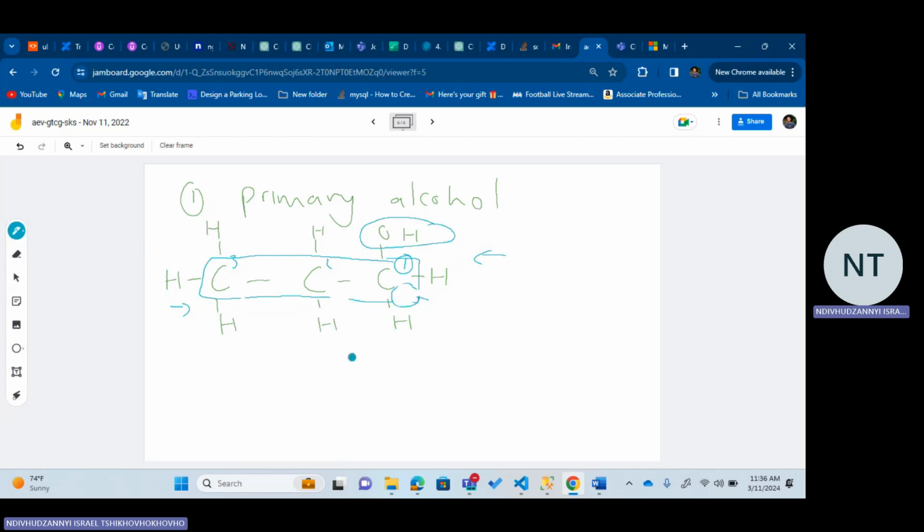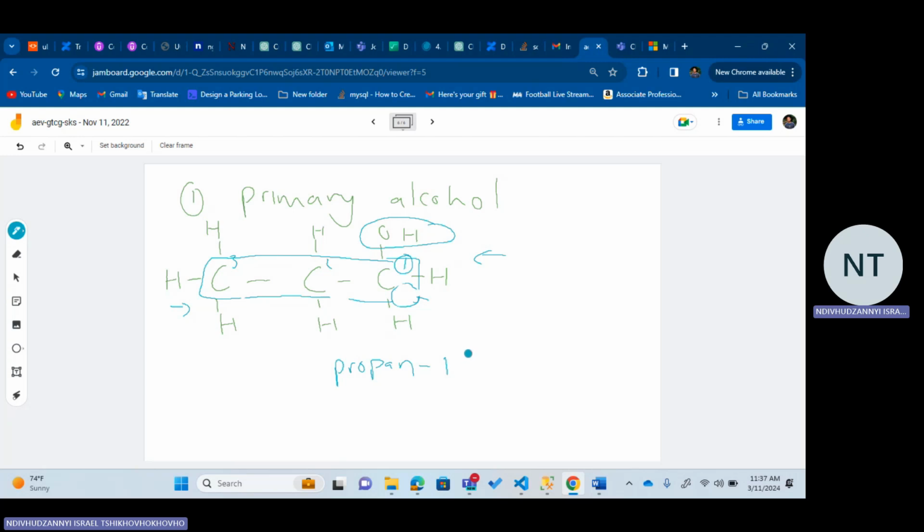How many carbons do we have? We have 3, right? So 3 is prop, or propan, then it's in position what? It's in position 1. For now, just write the position, right?